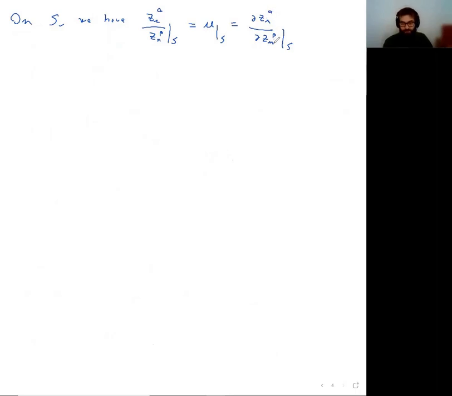And if you remember from the definition of the normal bundle, this is precisely the transition functions of the normal bundle to S. So the normal bundle to S is precisely this holomorphic line bundle associated to S, restricted to S, because this is defined only on S. Well, this is defined on all of the manifold.